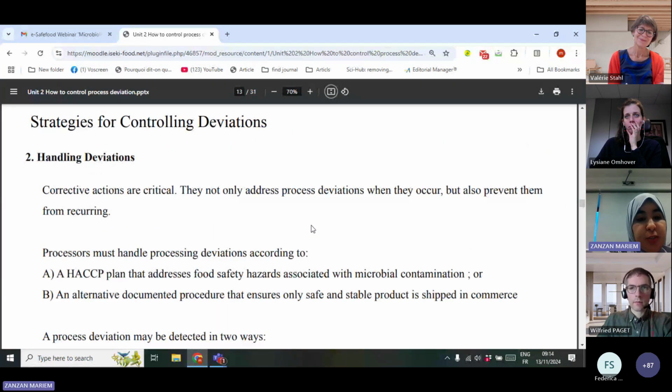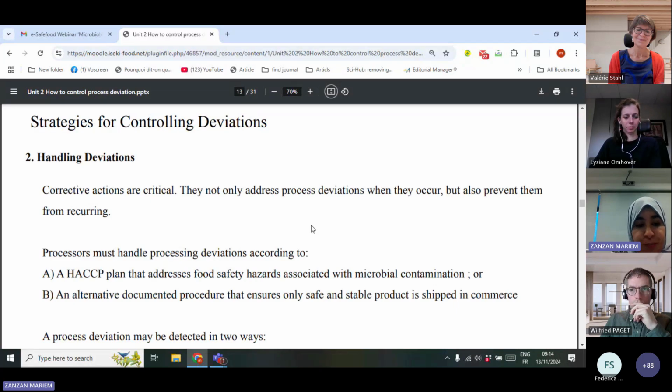The second strategy for controlling deviation is handling deviation, which means corrective actions. These corrective actions are not only addressed to when we have a problem, but also to prevent them from occurring. And to do that, we have different methods.